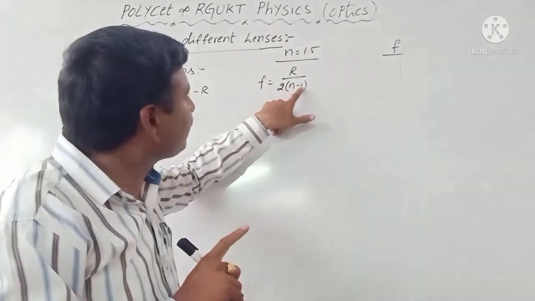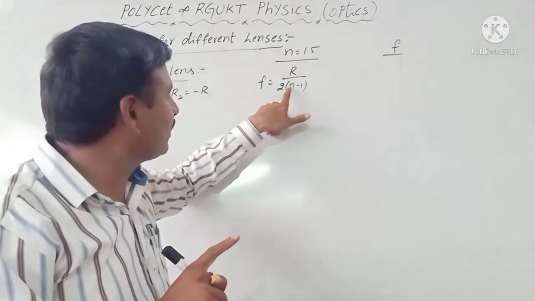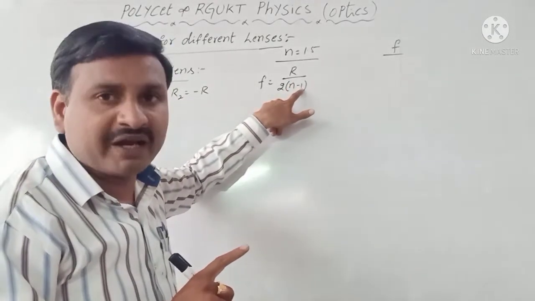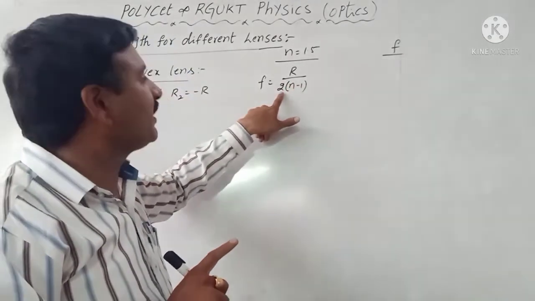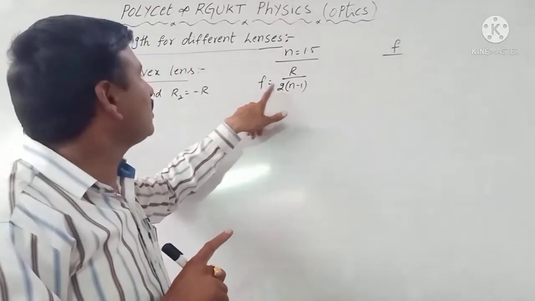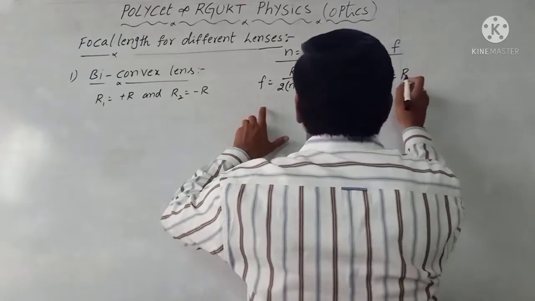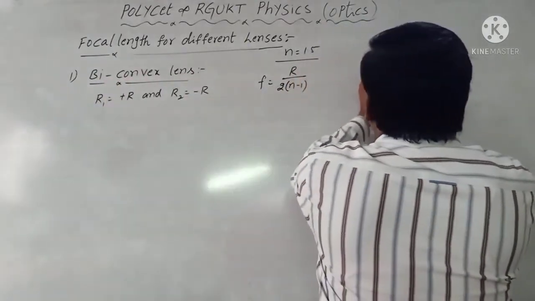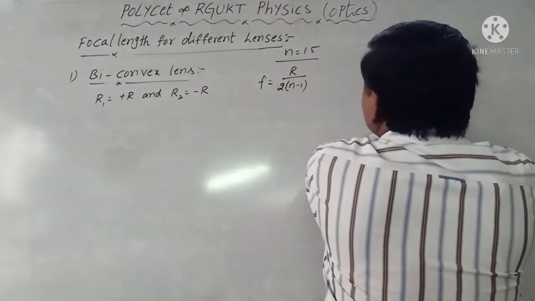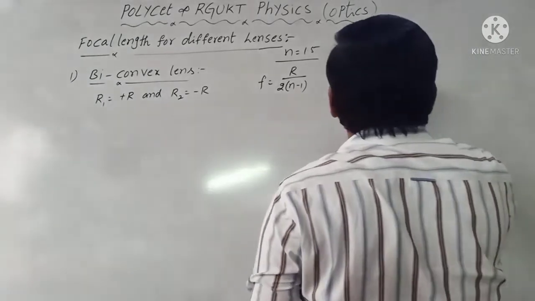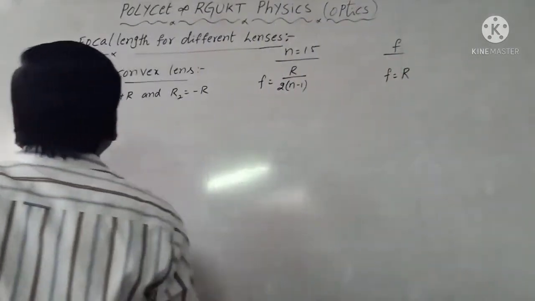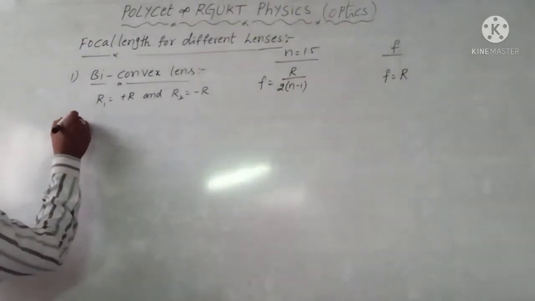So 1.5 minus 1 is 0.5. Again 0.5 multiplied by 2 is 1. So the focal length f is equal to R, where R means radius of curvature.